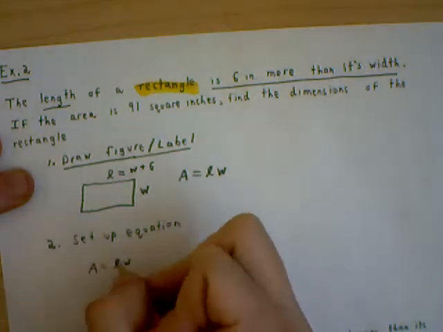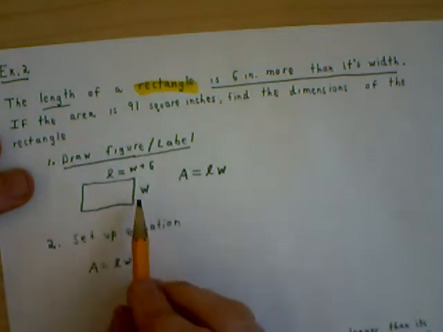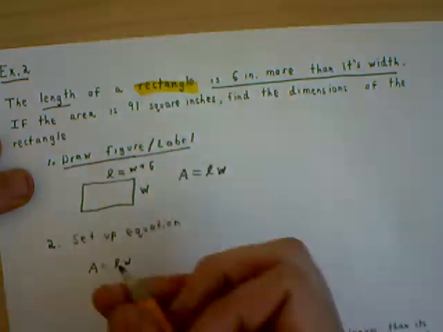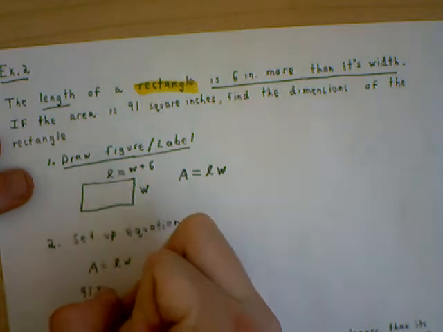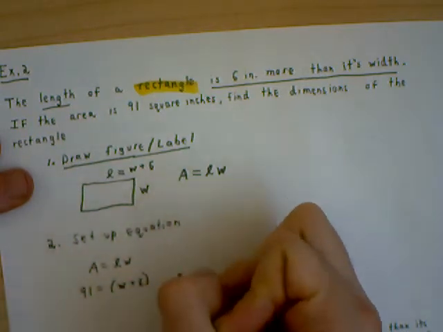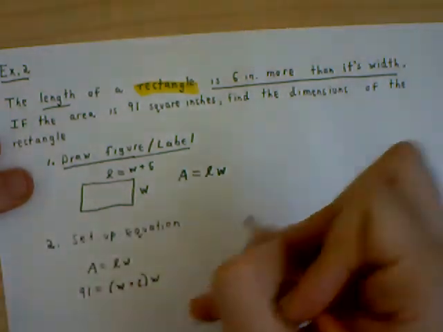My length is the quantity W plus 6. My width is just W, and my area is 91. So I'm going to plug 91 in for A, the quantity W plus 6 in for the length, and W in for the width. Next, let's solve this equation.